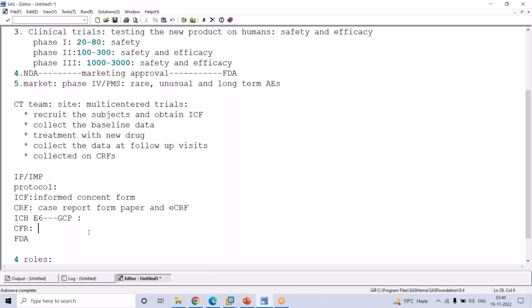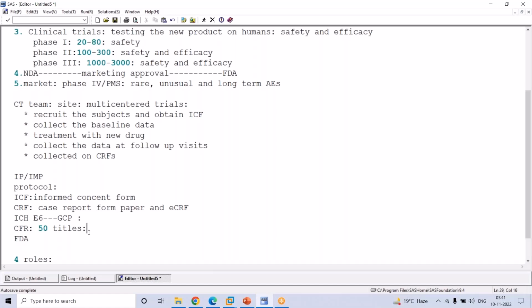CFR. These are the FDA guidelines, FDA regulations. So Code of Federal Regulations. These are the regulations given by the Federal Executive Departments of the US. We have 50 titles here. Each title gives you guidelines on one particular broad area.